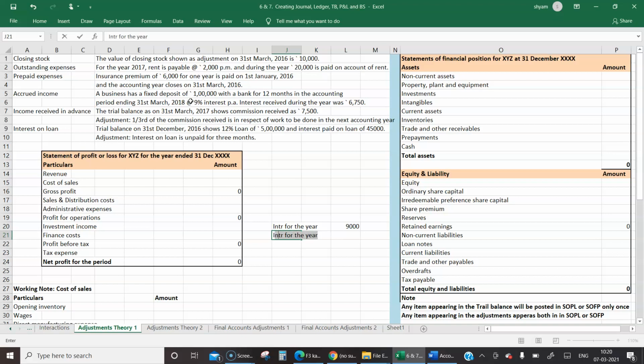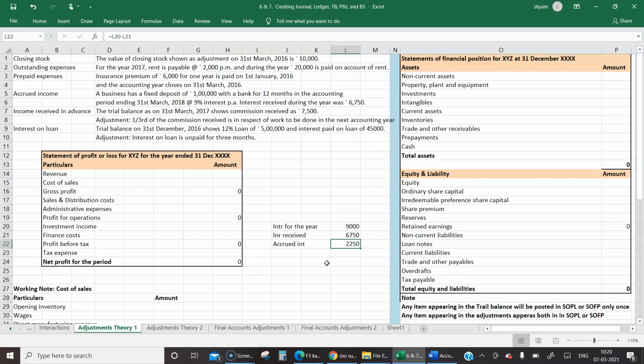Or we'll put it like this: interest received is 6,750. The balance is outstanding or accrued income. Accrued interest is going to be the difference between the both. They should have received 9,000, but they have received only 6,750. So 2,250 they have to receive.